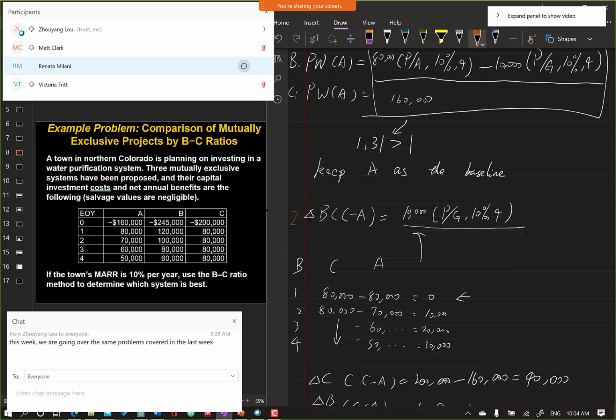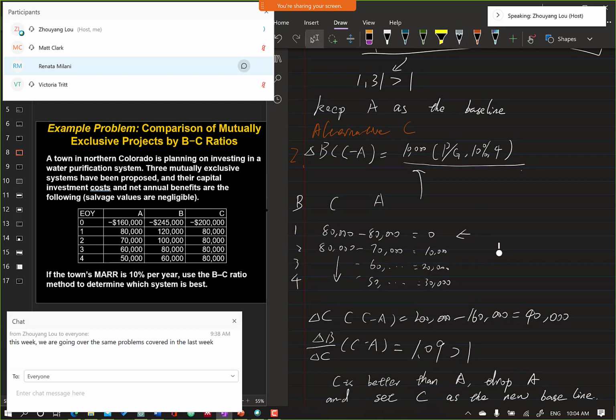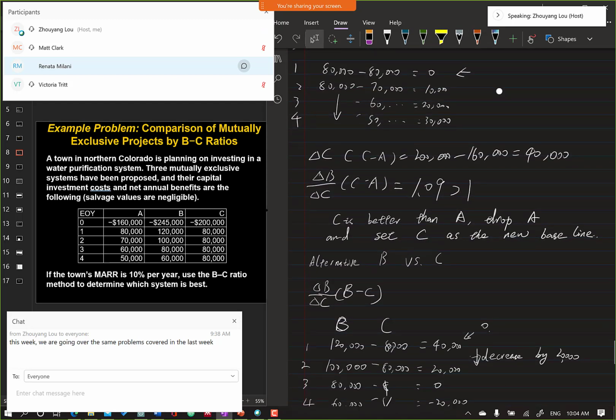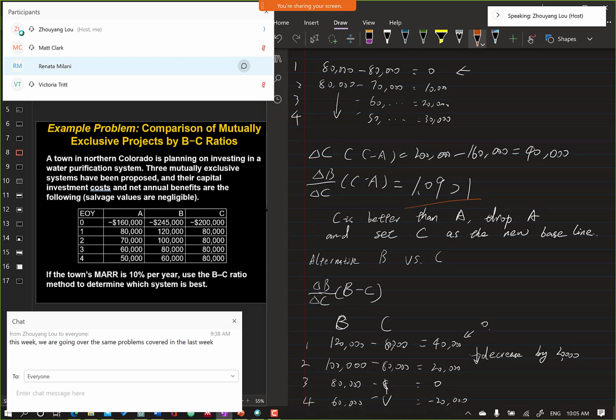Second step, we use the next most expensive one, compare it with the baseline, calculate the incremental benefit cost ratio, and check if that's greater than 1. If that's greater than 1, then we can drop the previous baseline and set the new one as the new baseline.